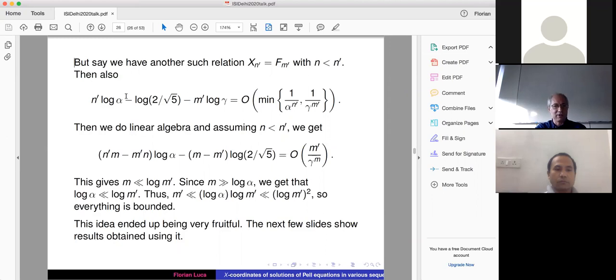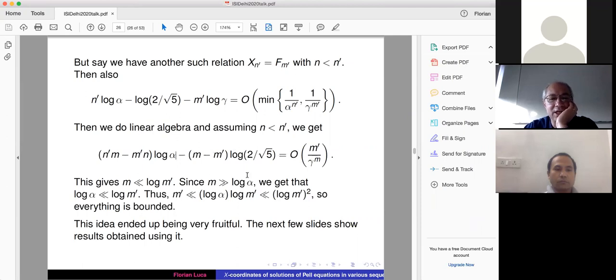I see, this number should have been the number gamma. I'm sorry for that. It should be n prime m minus m prime n log gamma. So multiply this one by n and the previous one by n prime. Eliminate alpha, which is the one that you don't know. And you're going to get a linear form in log of gamma and log of 2 over √5.